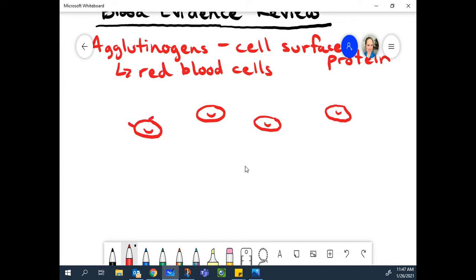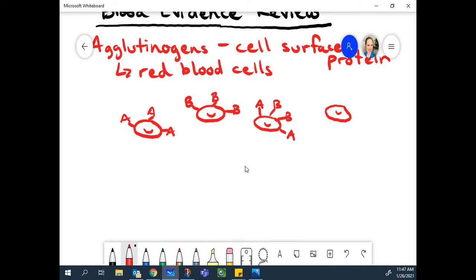So let's make this one have the A proteins, this one can have B proteins, this one gets A and B proteins, and this one is not going to have any of those proteins on the outside.